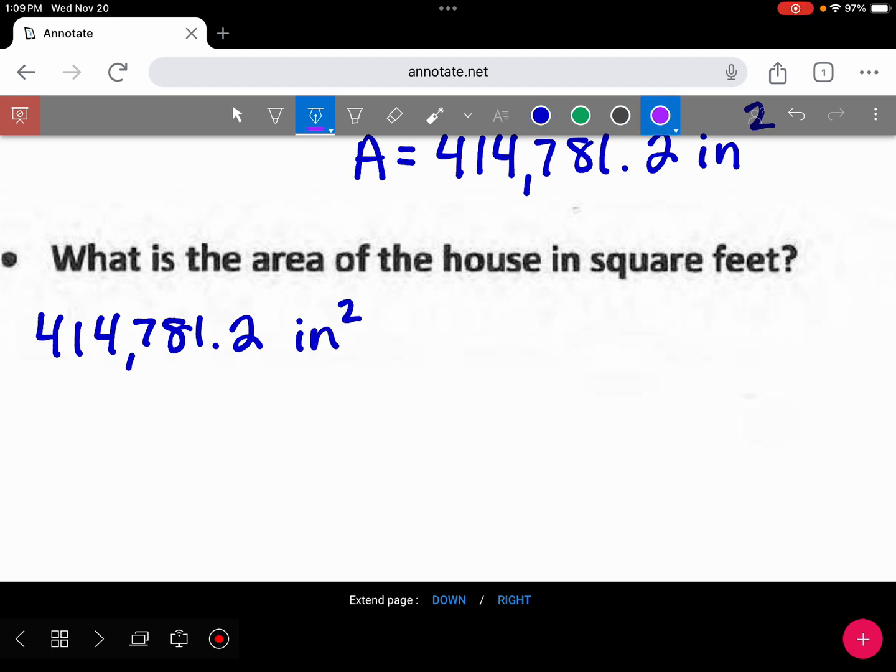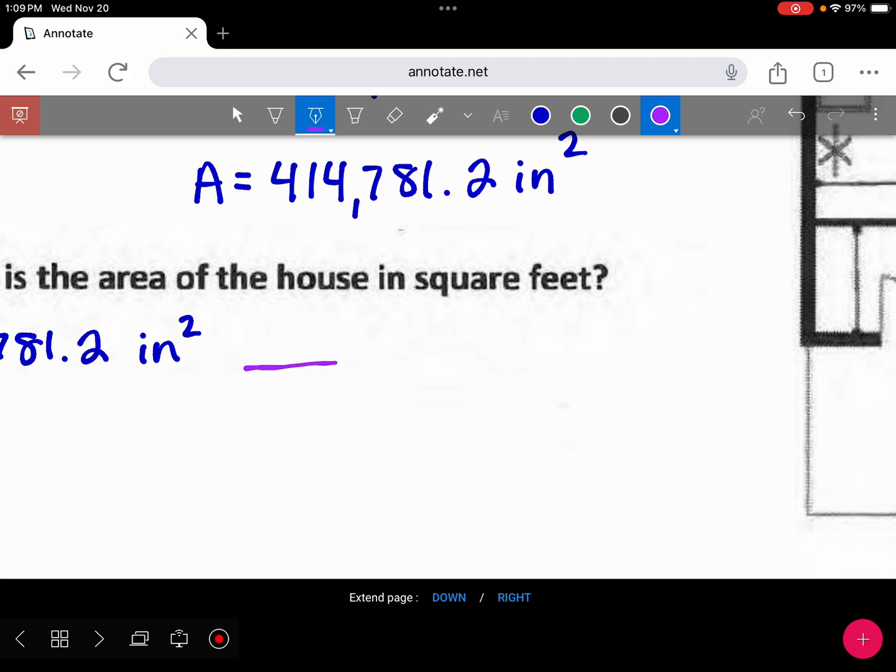How do we switch it to be feet? How many inches in a foot? 12 inches in a foot. So if I want to set this up, which thing needs to go on the bottom? Inches needs to go on the bottom. So I know that there's 12 inches in 1 foot. Is that enough to get my stuff to cancel out? No, because the inches doesn't have a square. Because it's not squared. So what do I need to do?